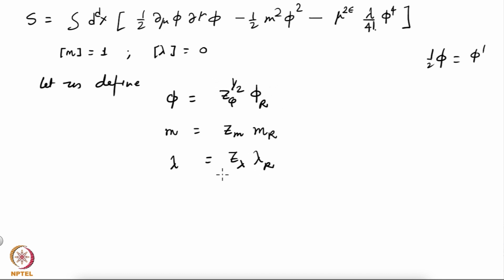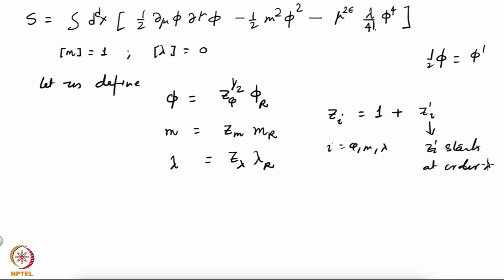These z's, zi, where i is phi, m, or lambda, are of this form: 1 plus zi prime, where zi prime starts at order lambda.